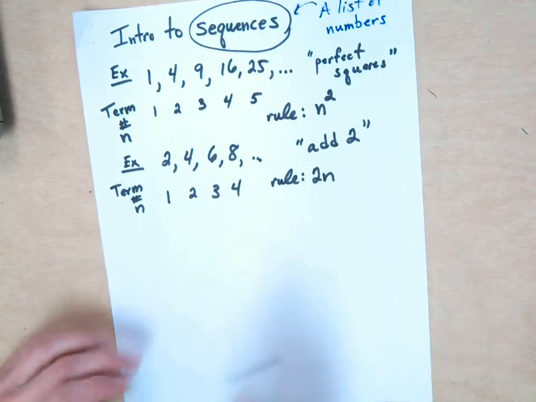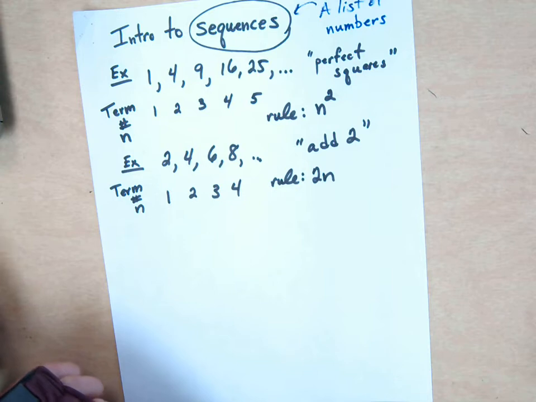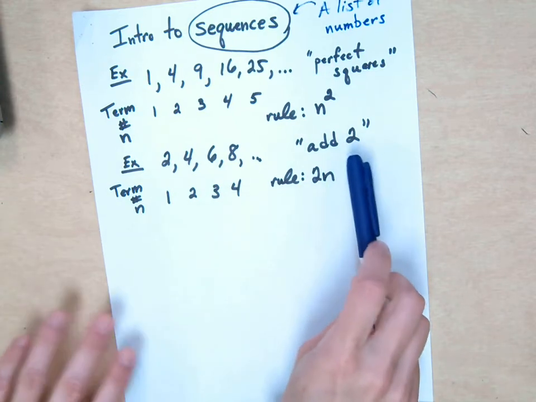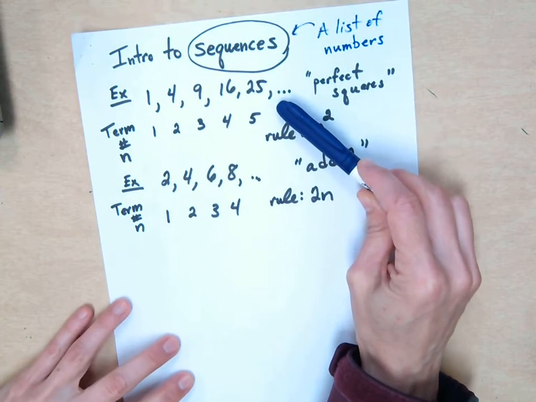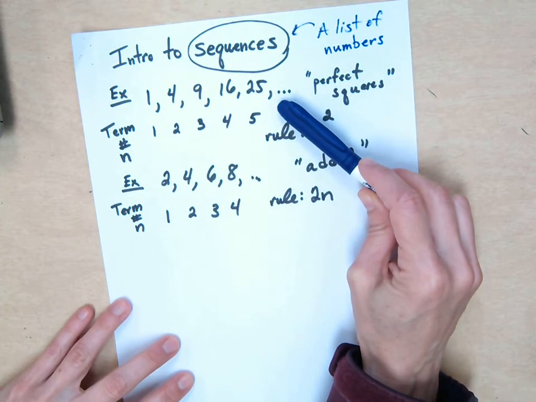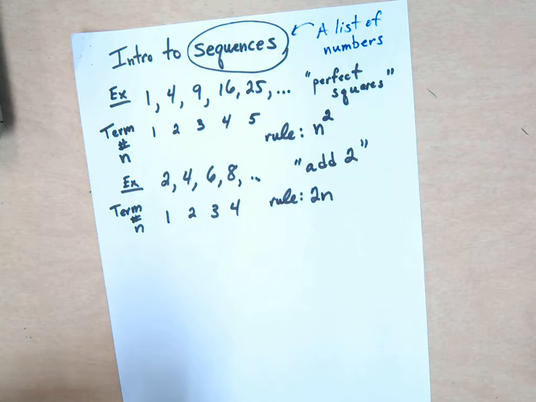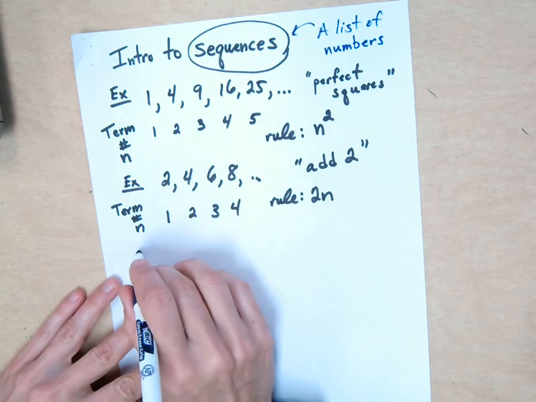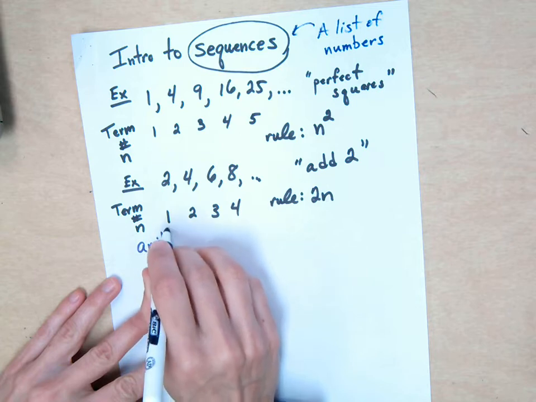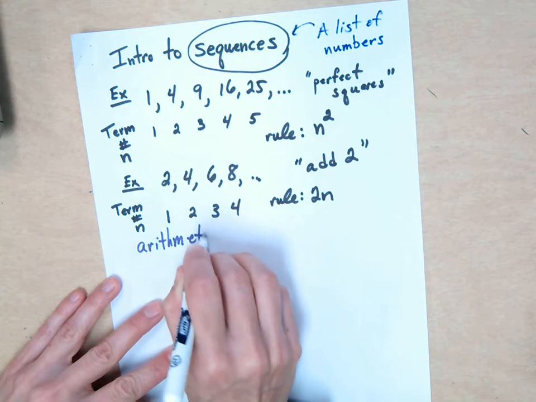So what that makes this sequence is called an arithmetic sequence. When you add a constant, it's an arithmetic sequence. This is not an arithmetic sequence. This is. So whenever you add a constant like that, you would describe your sequence as arithmetic.